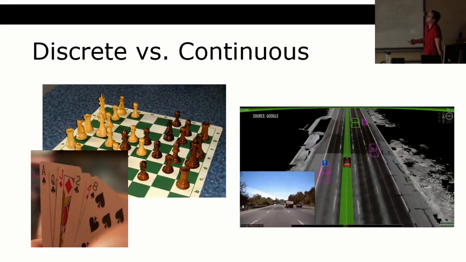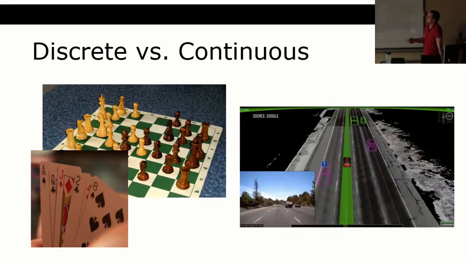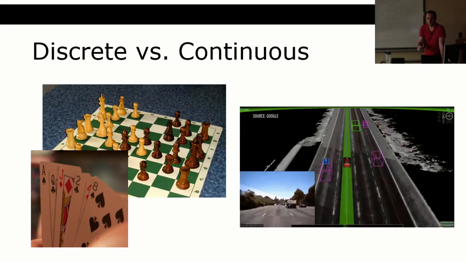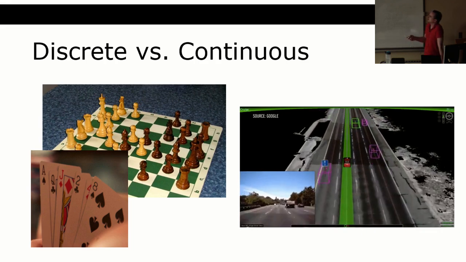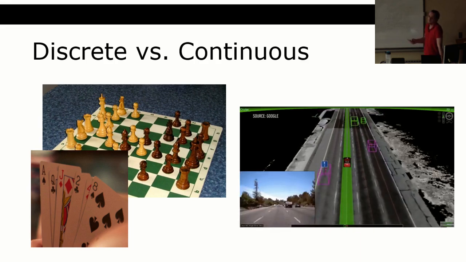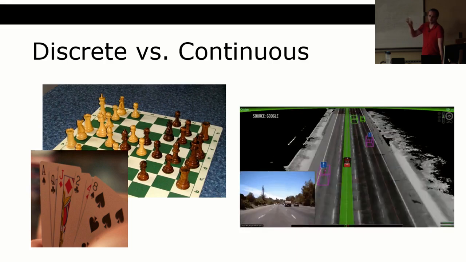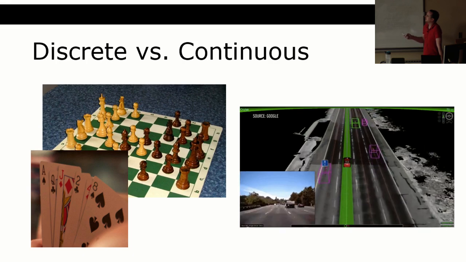So again, these would be discrete spaces. You have to play one card or be dealt one card or bet a certain amount of money in a game of poker. Or in chess, you're moving a discrete piece across the board. A continuous environment, like self-driving cars, all that stuff is happening very quickly. You can move any amount that you want in that environment.